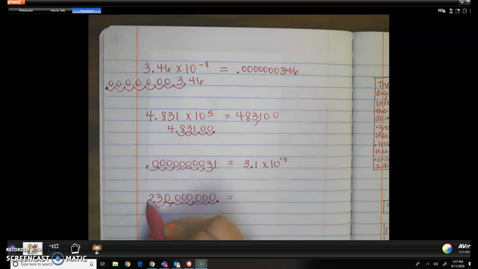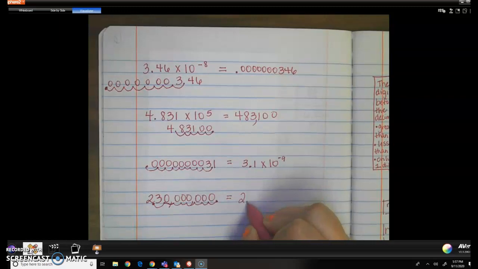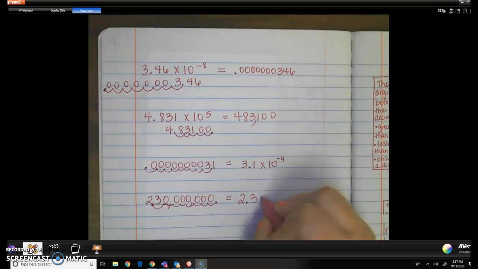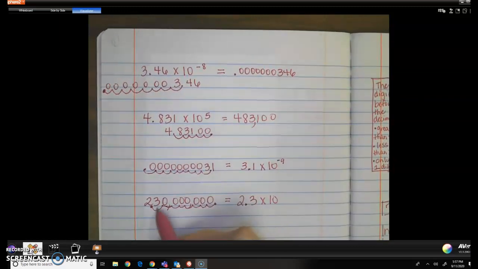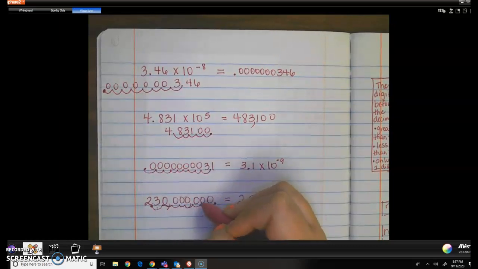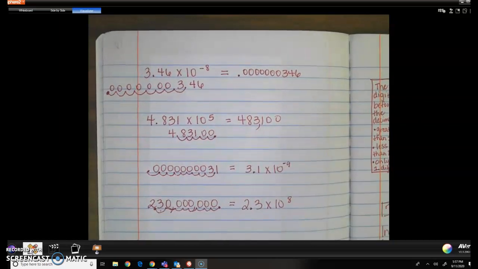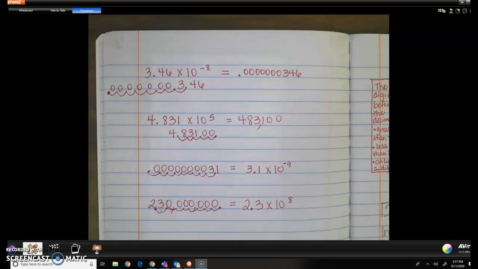If I stop there, it's 2.1. I want to stop when I have just one number, so it's 2.3. Always times 10 to the 1, 2, 3, 4, 5, 6, 7, 8. That's a big number, so it's positive. We will look at some more examples tomorrow, but that's where we're going to stop for today.